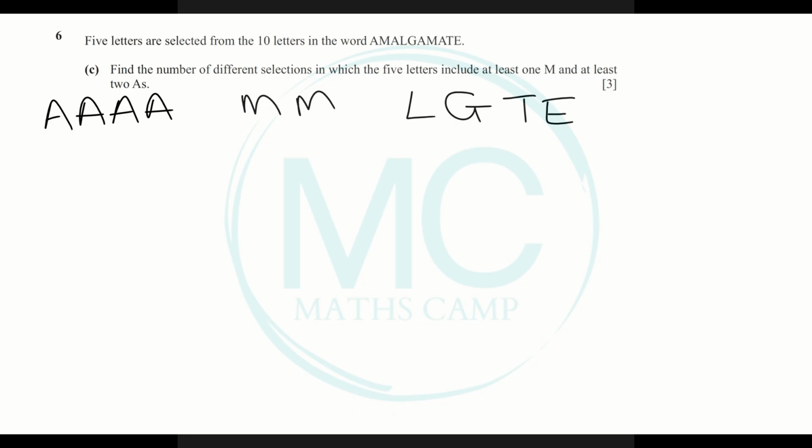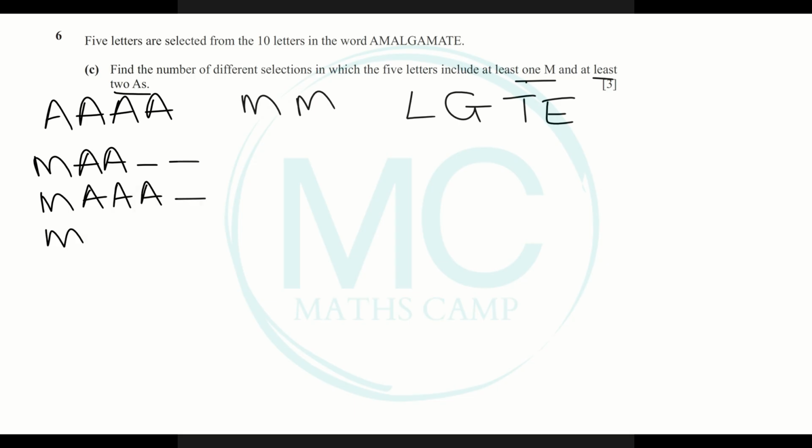The question says that of the 5 letters must include at least one M and at least 2 A's. So we could have 1 M, 2 A's, and 2 other letters. 1 M, perhaps we have 3 A's, and one more letter.